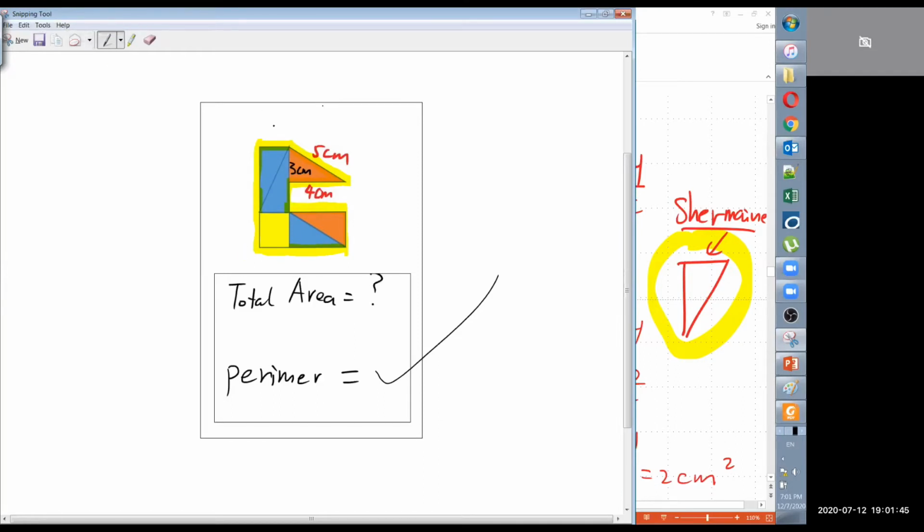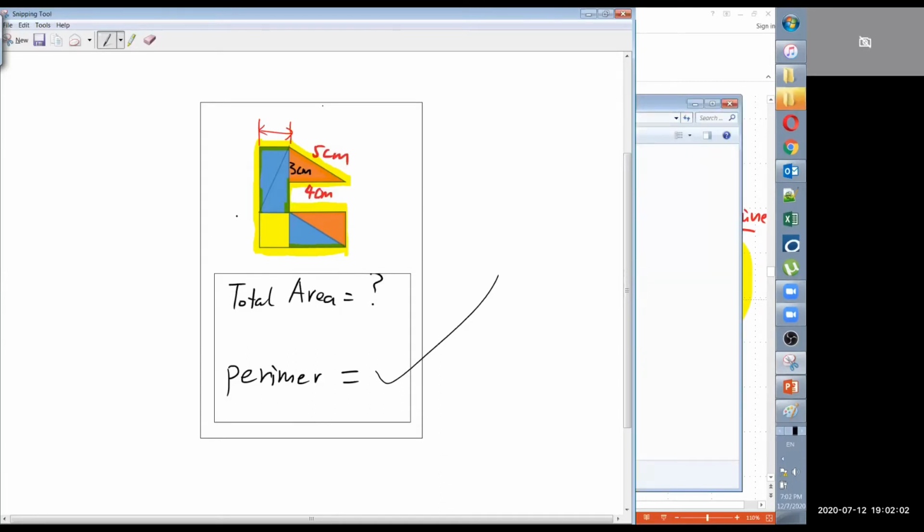Okay, what is this? What's the first one? Let me use the red color. What is this? Question mark.